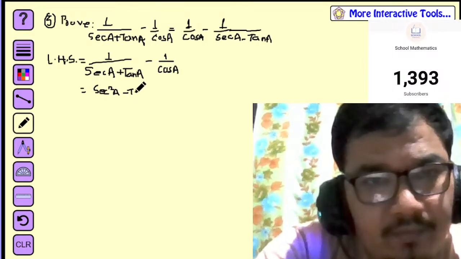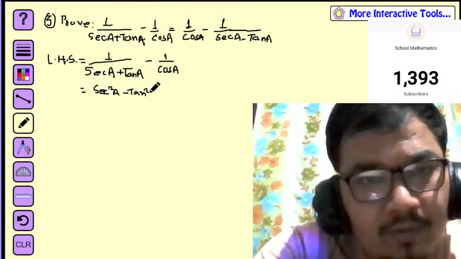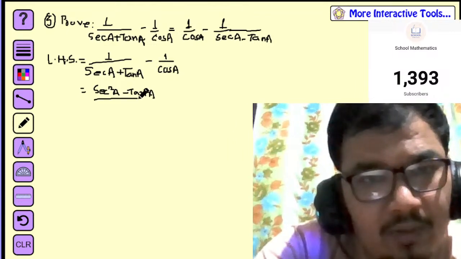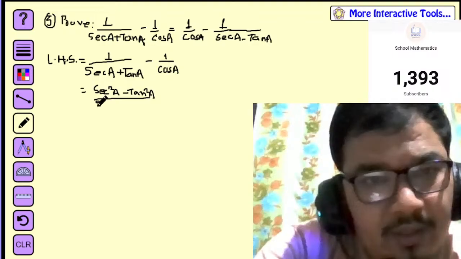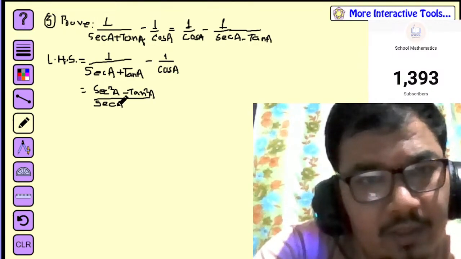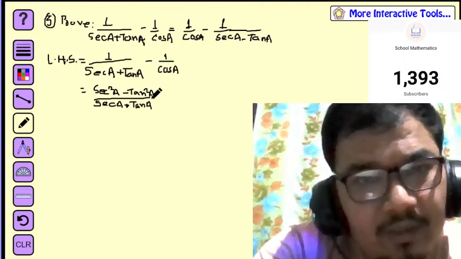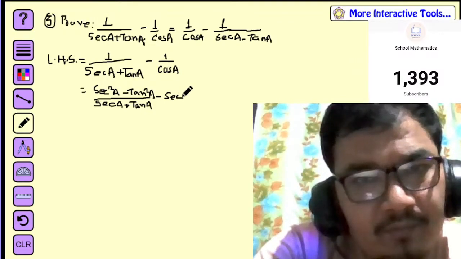Tan square a, its value is 1 in the Pythagoras relation, right? And down there is sec a plus tan a, sec a plus tan a here. And we know that 1 by cos a means sec a, right? We can write it like this, sec a.